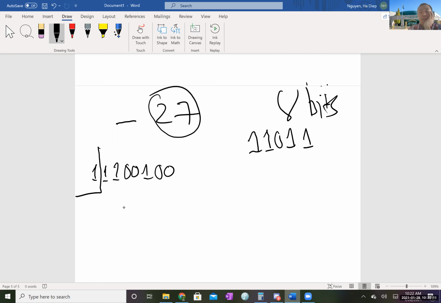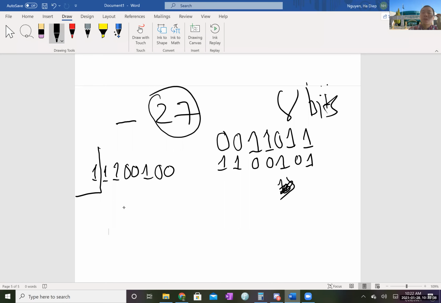So you have 5 bits already, and you have to make it 7 bits, so you add 0 0 here. That is the magnitude, right? And now the first step, you have to convert it to the one's complement. So you have to reverse it: 1, 1, 0, 0, 1, 0, 0 here, right? That is the one's complement.